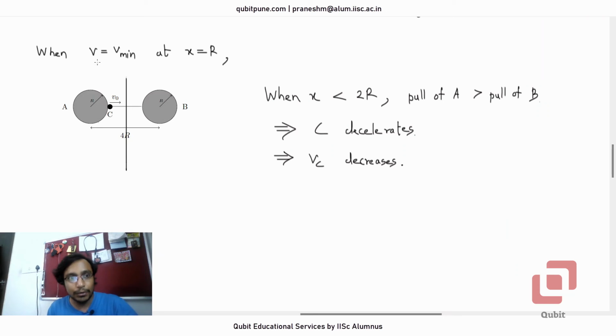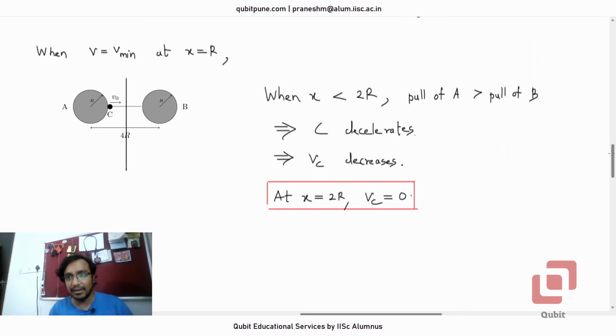So when we are projecting the body C from the surface of A with the minimum speed, at x equal to 2r, v_C becomes 0. That's the condition.